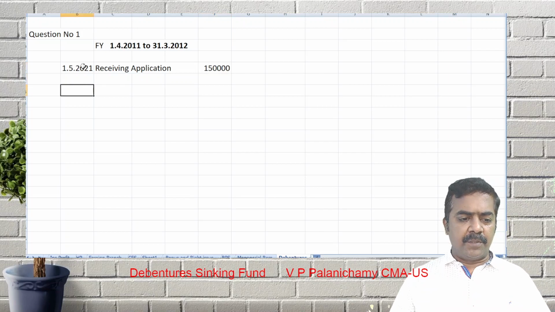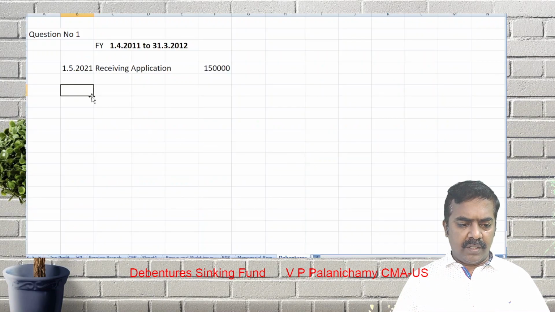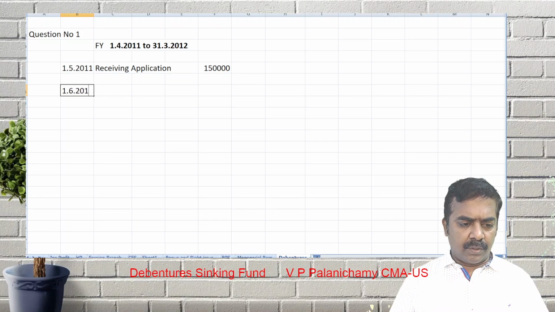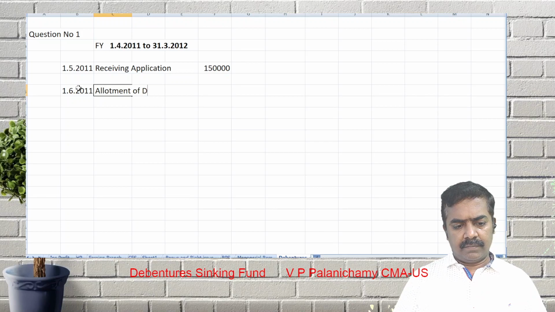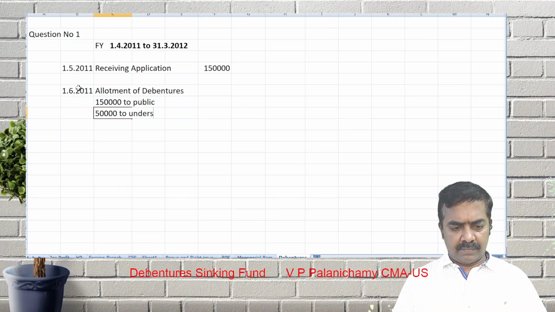Then what is the date of allotment? 1/6/2011, we are allotting debentures. How many debentures did we allot? 1,50,000 to the public and the remaining 50,000 will be taken up by whom? Underwriters.